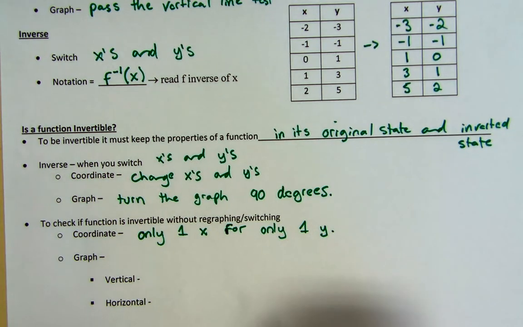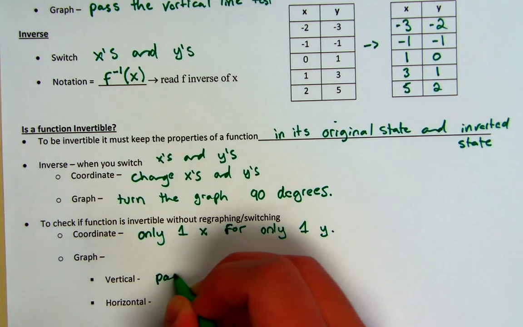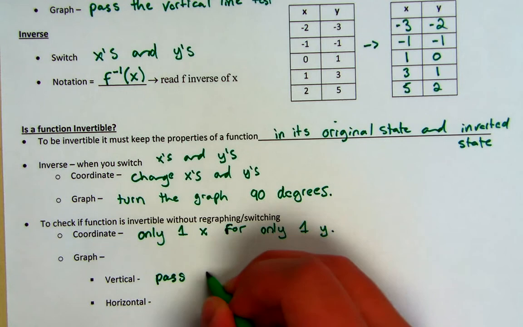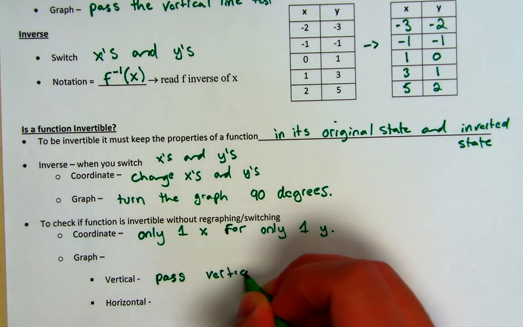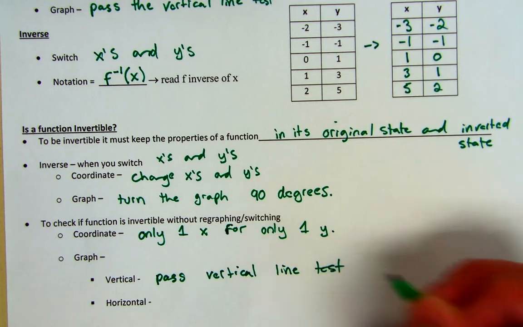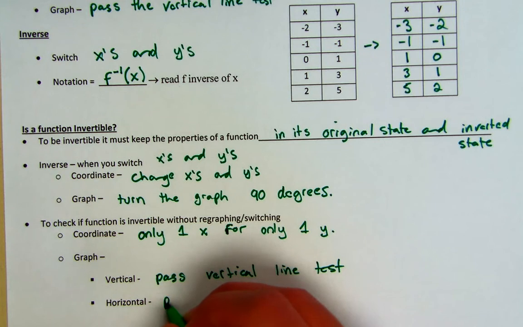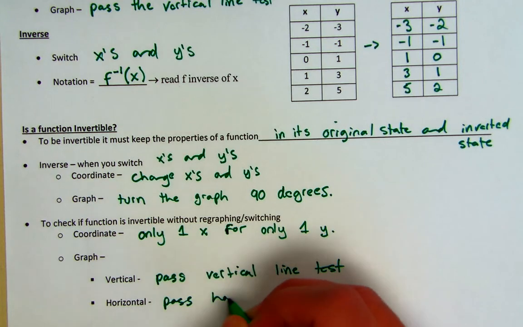If we're looking at a graph, we're looking for it to pass the vertical line test and for it to pass the horizontal line test.